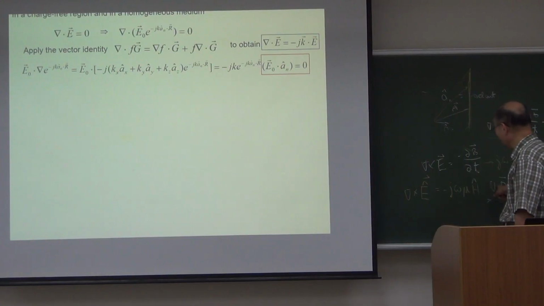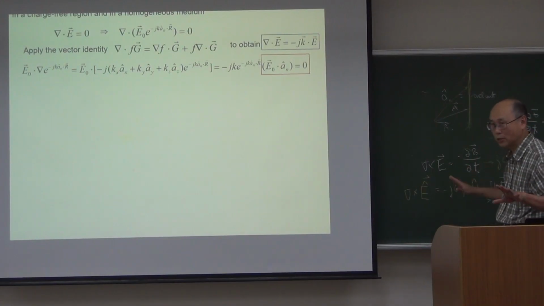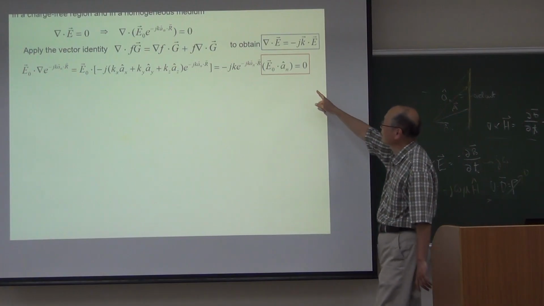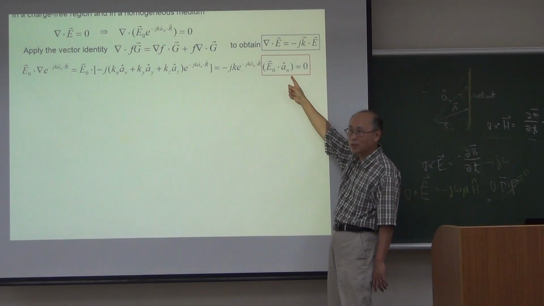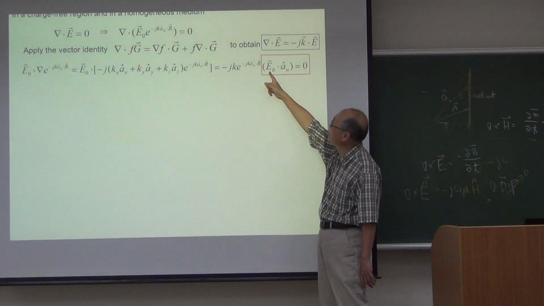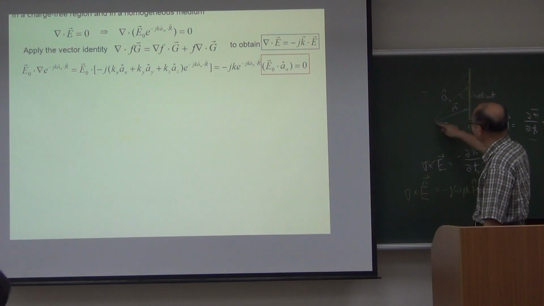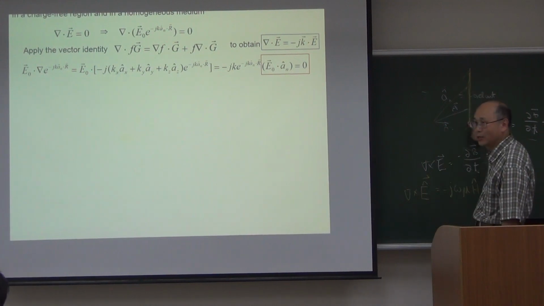If the material is homogeneous, then you can take out the permittivity, and you end up having this result. This result tells you that if you project E along the a_n direction, you get nothing.